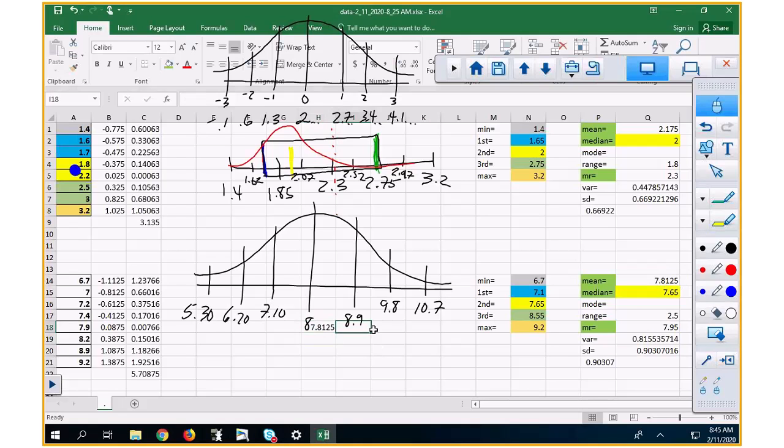And then right here, you would do equals this number plus your standard deviation, F4, and then copy to the right. And then over here equals this number minus the standard deviation, F4, and copy that where? To the left.